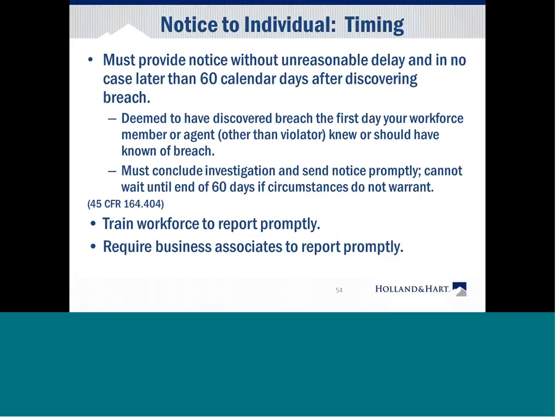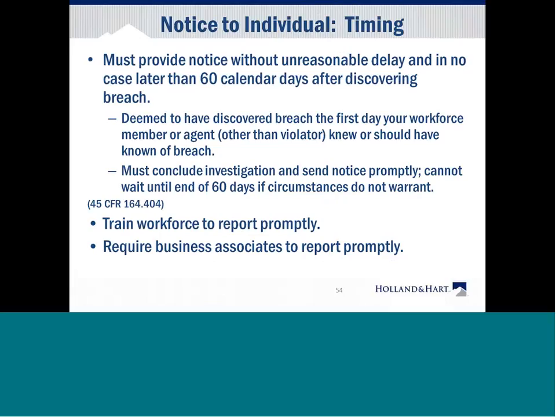You've got to provide that written notice to the individual without unreasonable delay and in no case later than 60 calendar days after discovering the breach. Now, a couple of comments here. Note that that 60 days runs from the time that anybody in your organization knew of the facts surrounding the breach except the person who committed the breach. But if there's anybody else in your organization who knew about it, that triggers the 60-day clock.